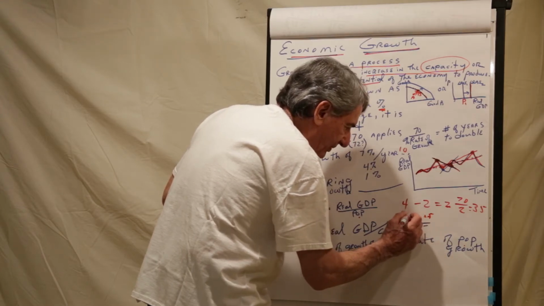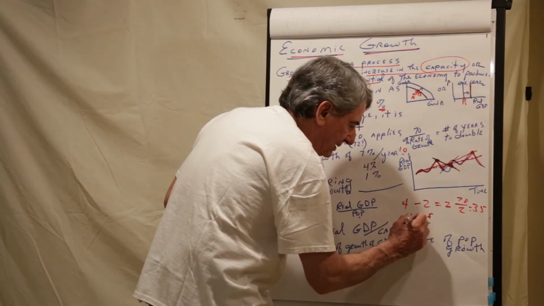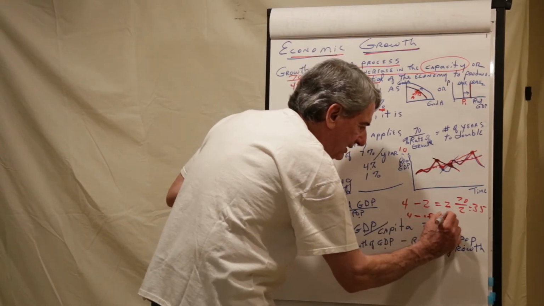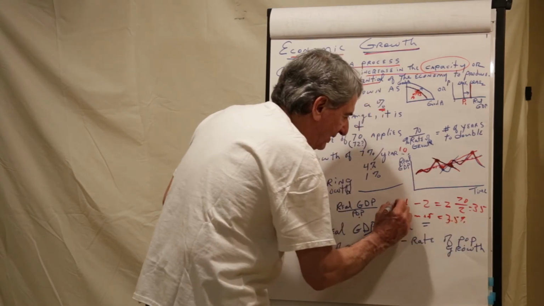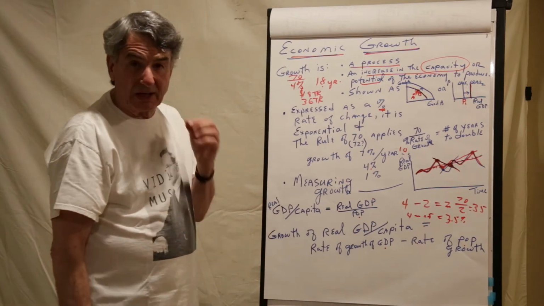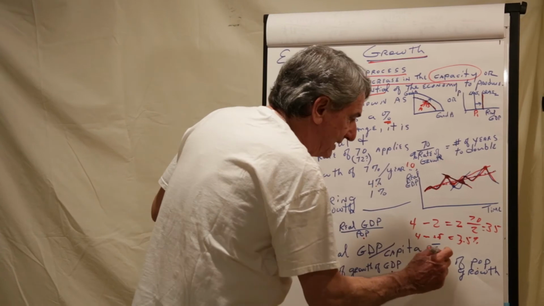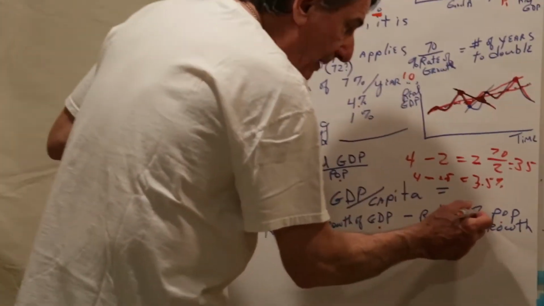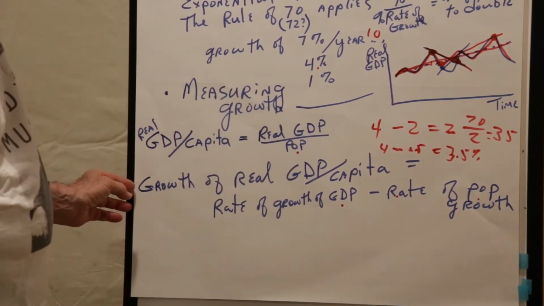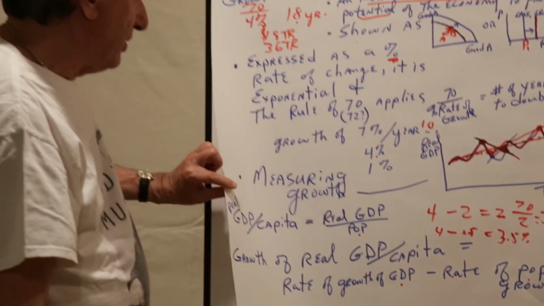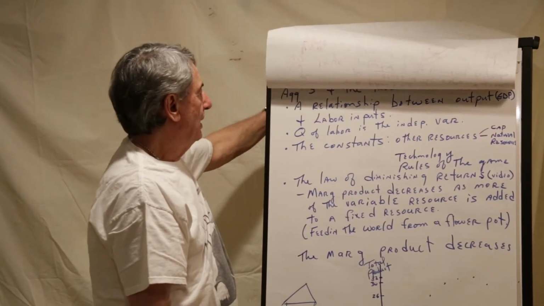Well, at 0.5%, the GDP growth rate minus the population growth rate is 3.5%. 70 divided by 3.5 is 20. In which case, real GDP per capita would only take 20 years to double, which is a very big difference. So the growth rate of GDP per capita matters a great deal. All right.